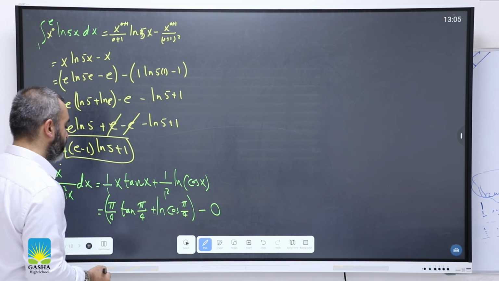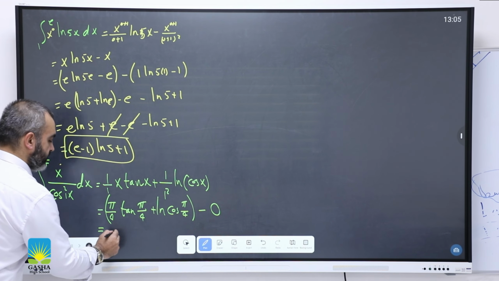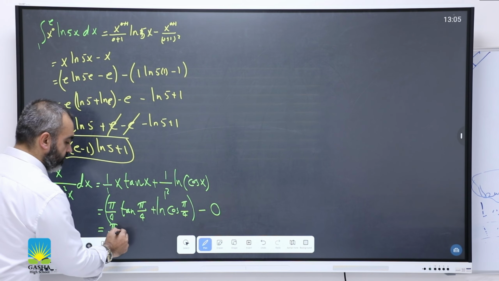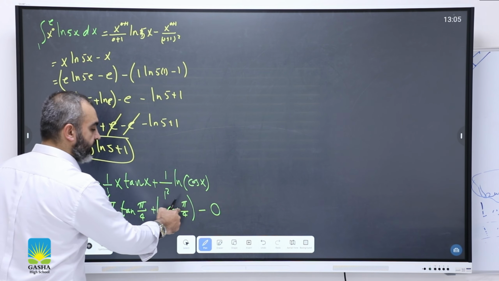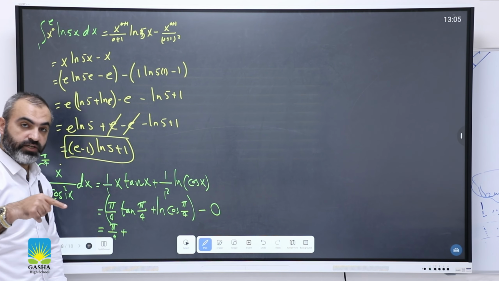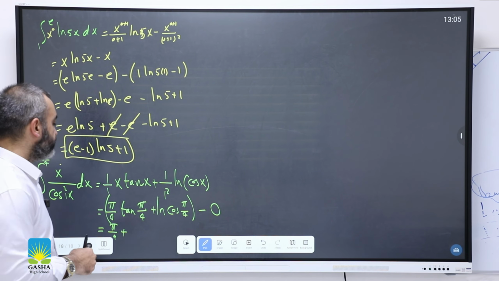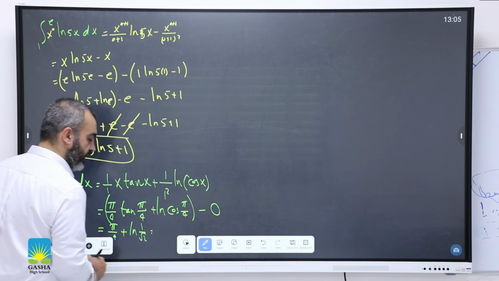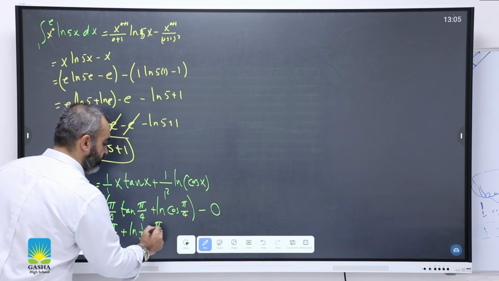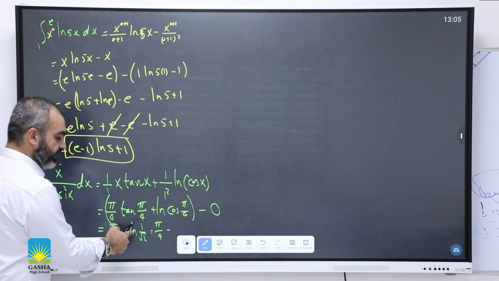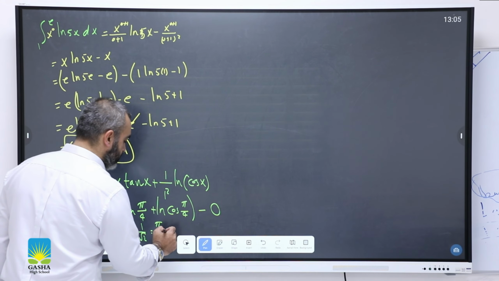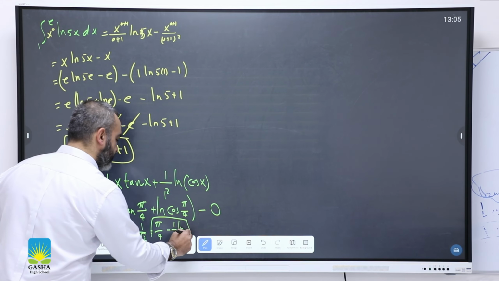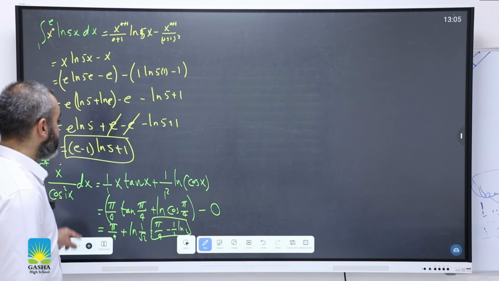Tan pi over 4 is 1, so it is pi over 4 here, plus ln of cosine pi over 4, which is 1 over square root of 2. Pi over 4 minus ln square root of 2 is pi over 4 minus 1 over 2 ln 2. So it is the result of this integral.